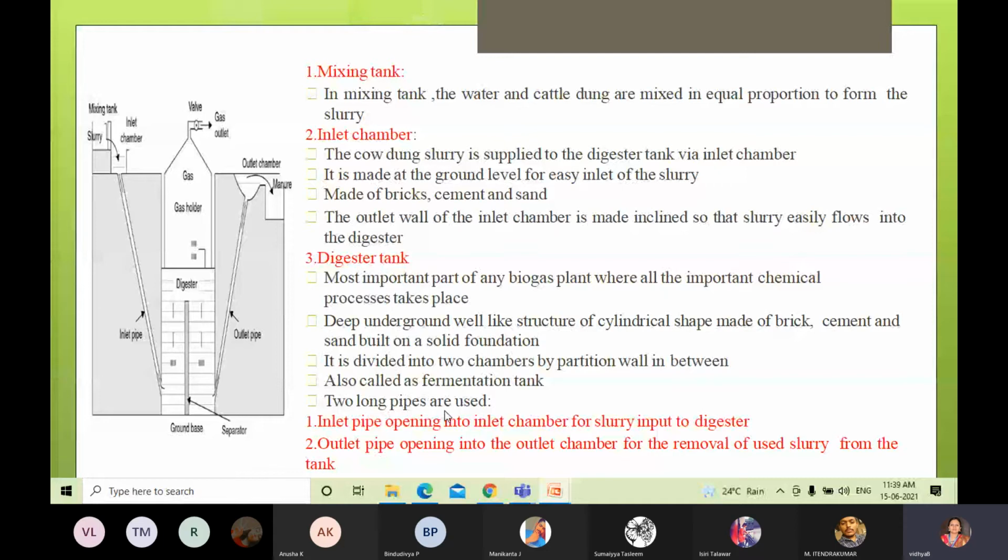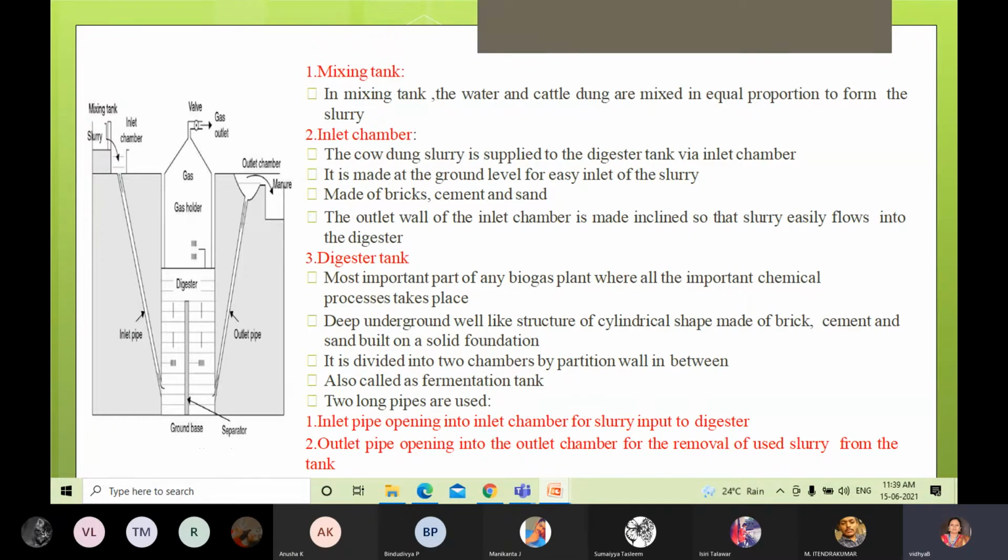Here, 2 long pipes are used: the inlet pipe opening into the inlet chamber for slurry input to the digester, and the outlet pipe opening into the outlet chamber for the removal of used slurry from the tank. The inlet pipe is used to get the slurry; the slurry will flow to the digester.